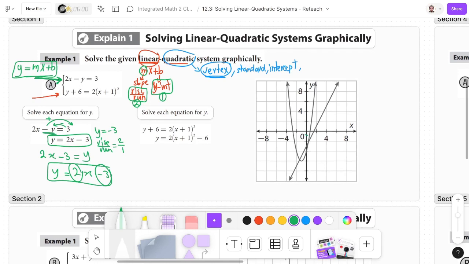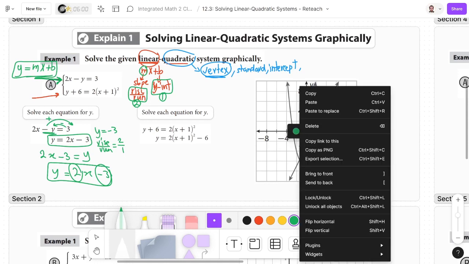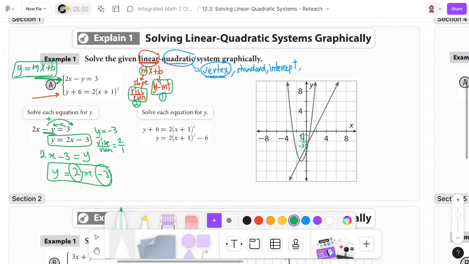As you can see, this is negative 1, this is negative 2, this is negative 3. So you start from this point. Then from this point, we go 2 steps up, 1, 2, and 1 step to the right. So my graph will be a straight line, as you can see here.